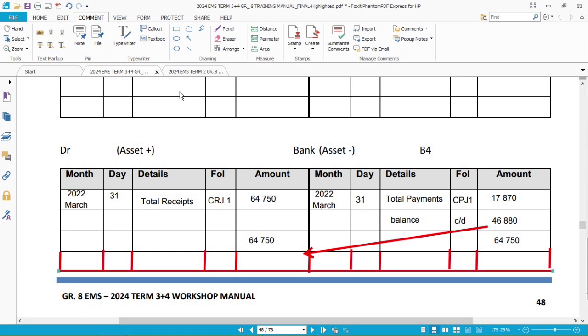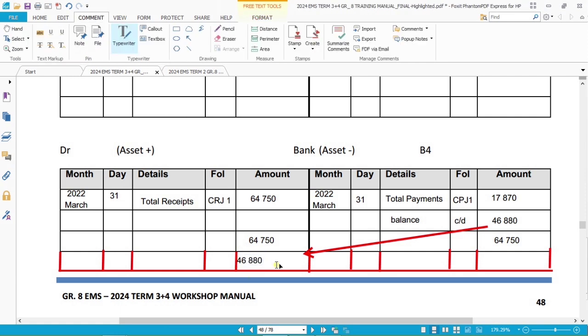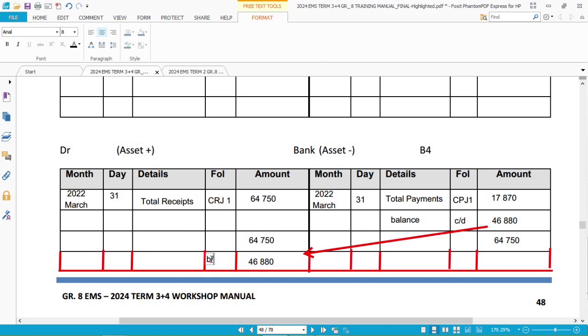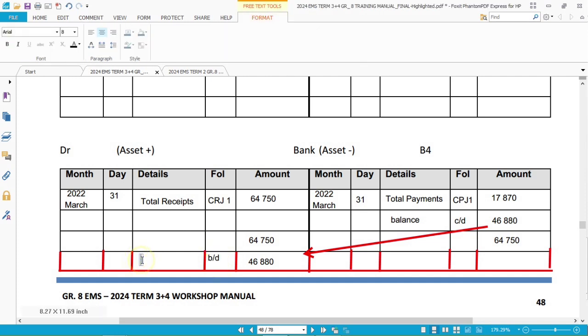Okay, so this amount I have to write here on my debit side. I'm going to write 46,880, and this is going to be balance brought down. BD stands for balance brought down. You just write balance, and then this is going to be the 1st of April 2022.